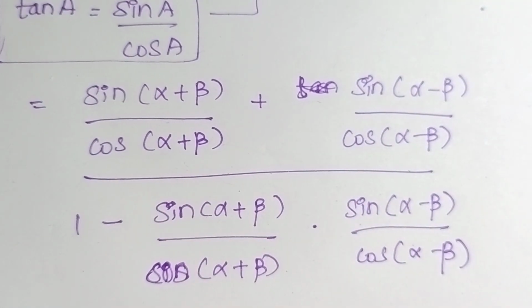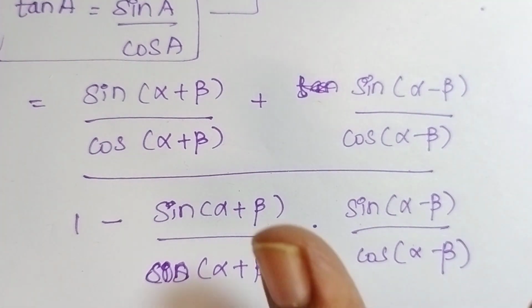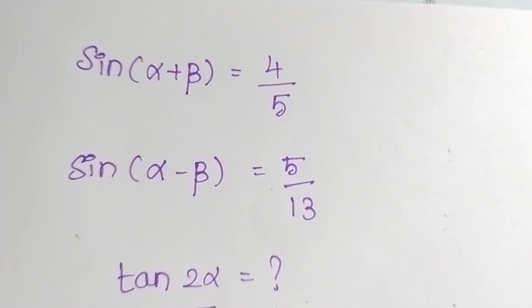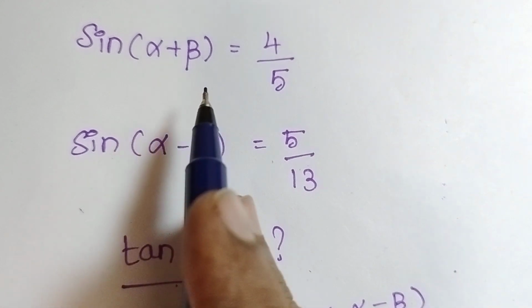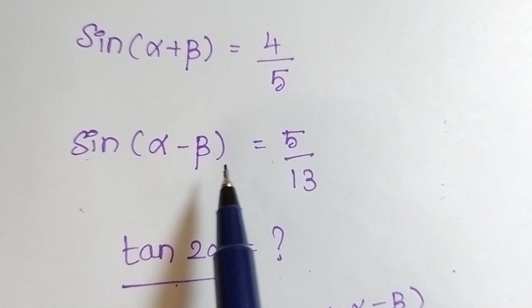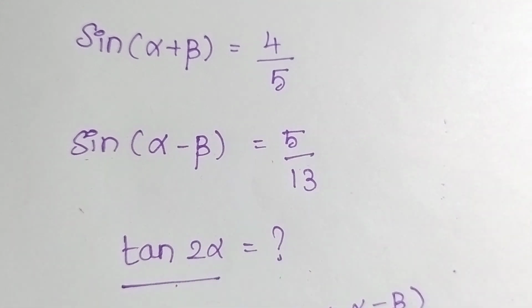Now what values do we know already? If we have a glance at the question, sin of alpha plus beta is given a value, and sin of alpha minus beta is also given a value. Now we are going to find the value of cos of alpha plus beta, because tan consists of cos also.